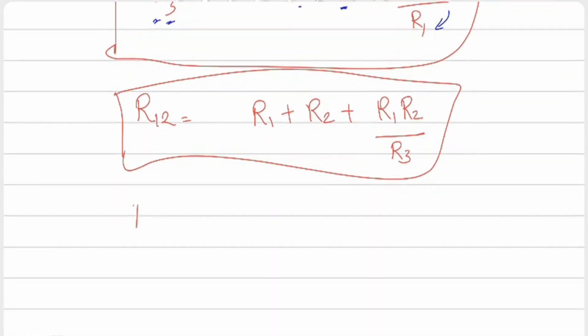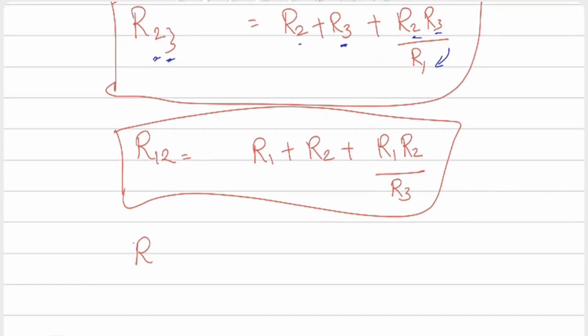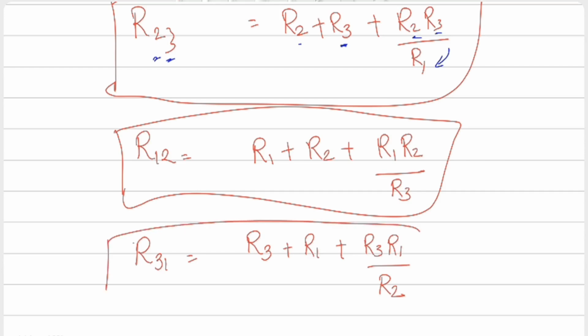Okay, same way for R31 equals R3 plus R1 plus R3 R1 upon R2. So this is how you will get delta from a star connection.